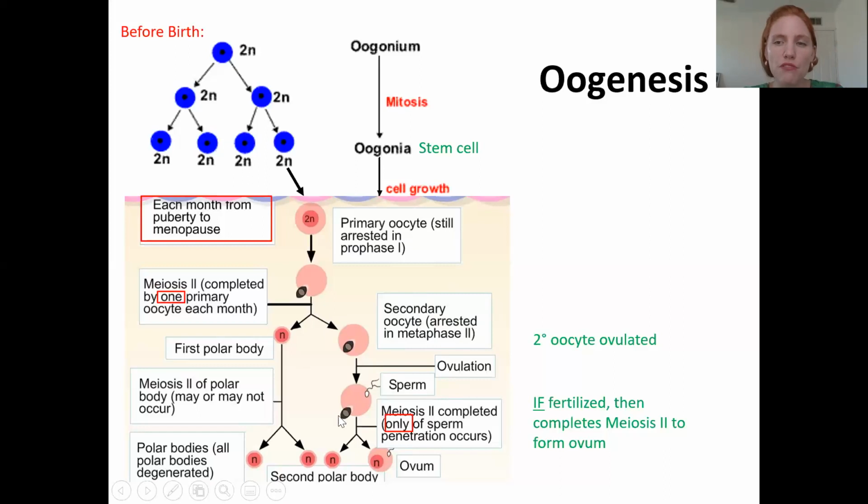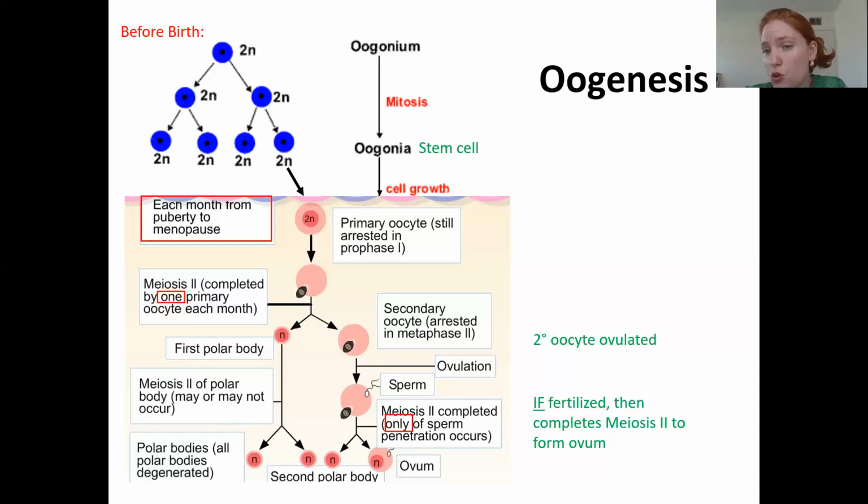So it will only finish the rest of the phases of meiosis 2 if it is penetrated by a sperm. When it is penetrated by a sperm, at that point, it'll undergo anaphase 2, telophase 2, and it'll finish meiosis 2. And at that point, then you'll have the zygote. Okay, so you don't actually create the full finished product unless the sperm penetrates it.